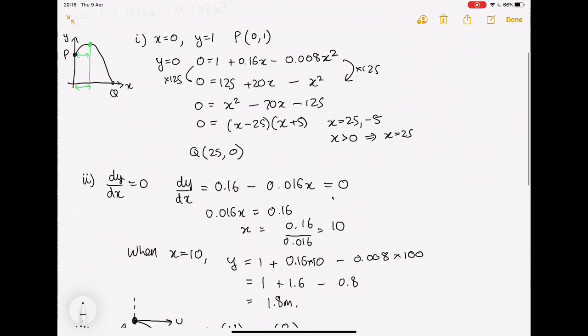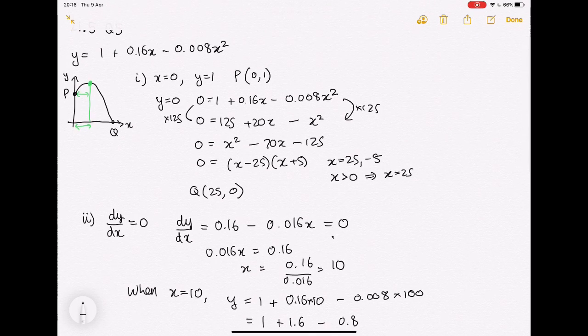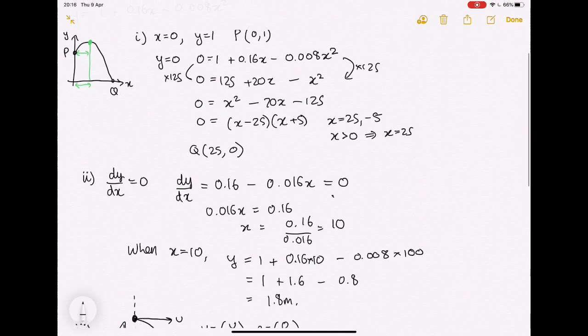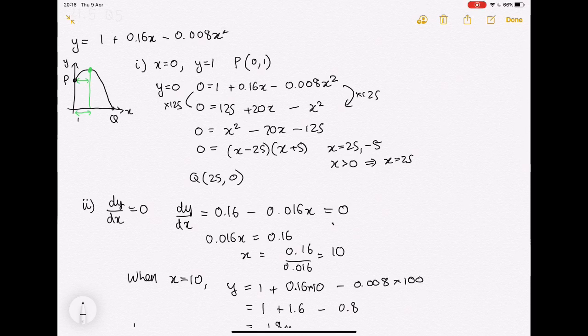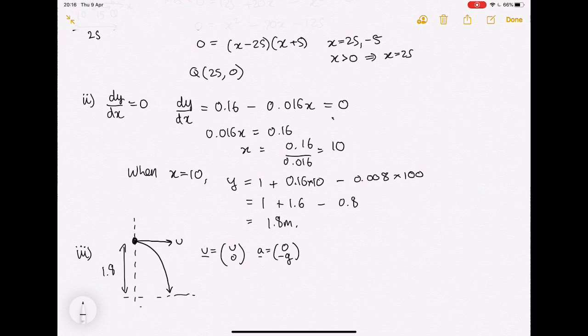From part 2, we know that this distance here is 10, and from part 1 we know that this distance here is 25. So the distance we are interested in is 15. So what do we know about the displacement when it hits the ground here?